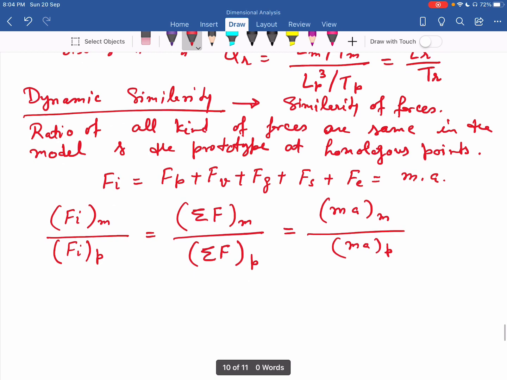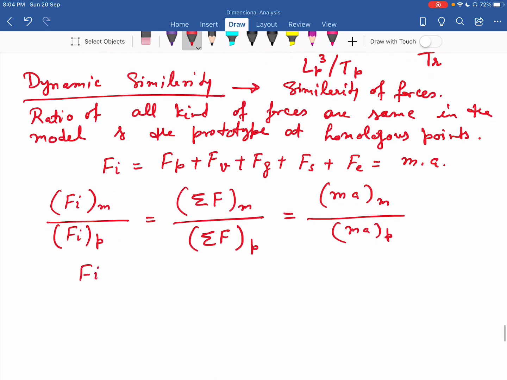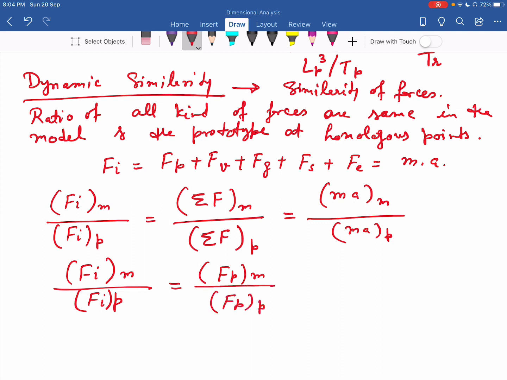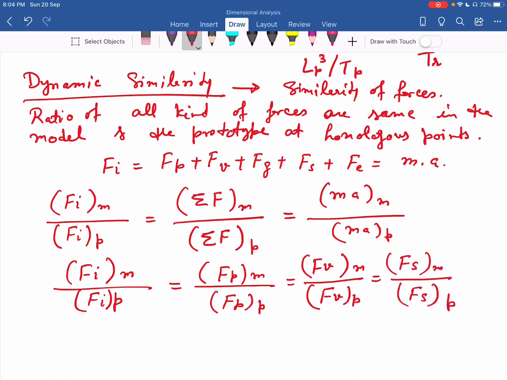If you see the individual components, Fi for model divided by Fi for prototype is equal to Fp for model divided by Fp for prototype, equal to Fv for model by Fv for prototype, or Fs for model by Fs for prototype. That means for complete similarity, the ratios of the individual component forces must also be equal to the ratio of the inertia force of the model and the prototype.